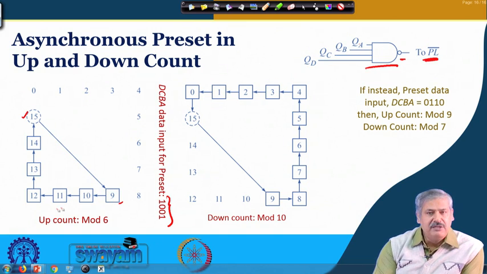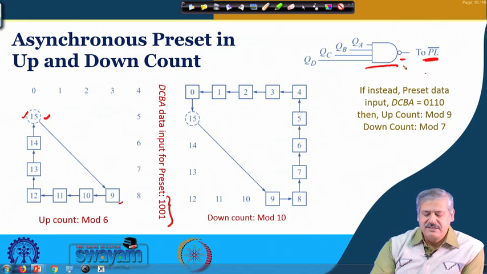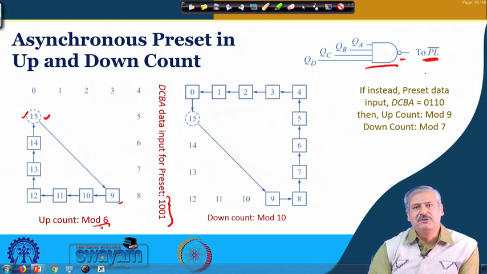In up count mode, 9, 10, 11, 12, 13, 14, and again as soon as it reaches 15 there is asynchronous reload. So, 15 and 9 are together in one clock cycle, and then again it will go on. So, you have 9, 10, 11, 12, 13, 14: a mod 6 counter available with you.